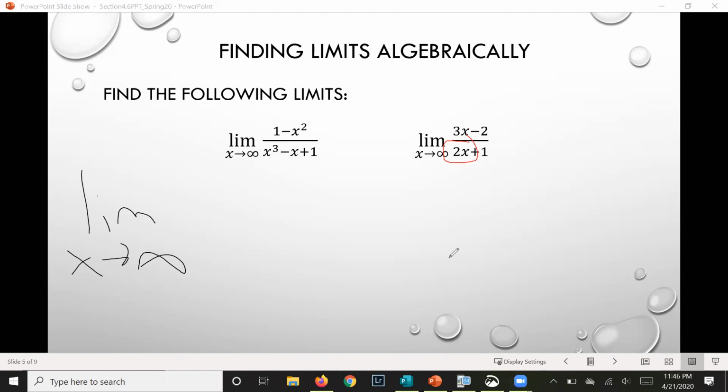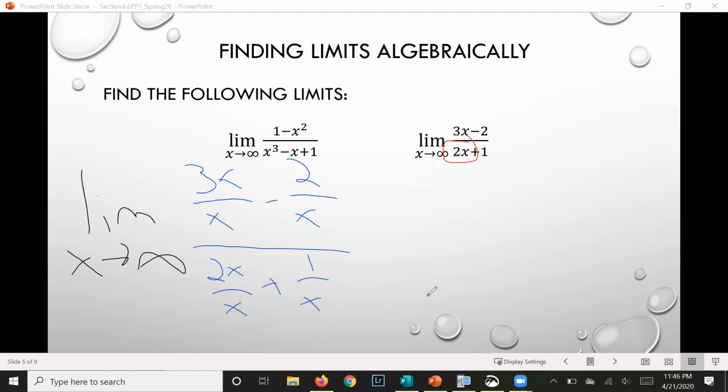And I'm actually just going to look at what the variable with the highest power is. So that's just x. So I'm going to go through and divide everything in this expression here by x. So this would become 3x over x minus 2 over x over 2x over x plus 1 over x.